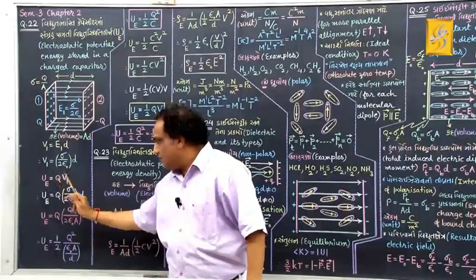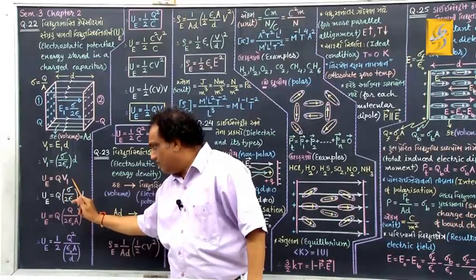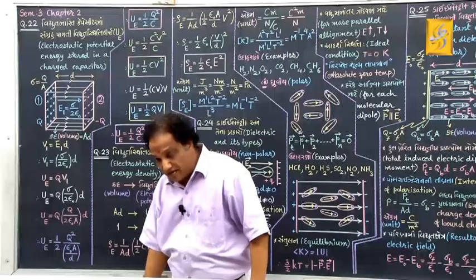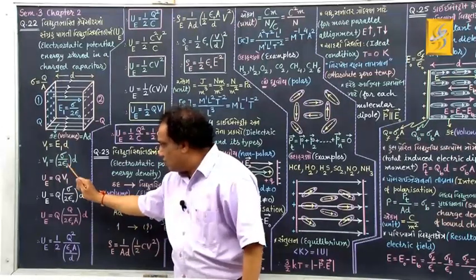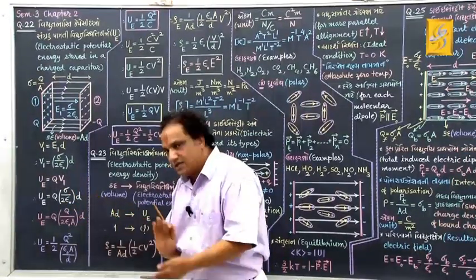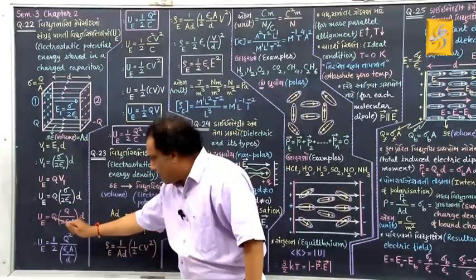So I am writing charge into potential as capital Q into V1. Capital Q as it is. V1 is sigma upon 2 epsilon 0 into small d. Correct?